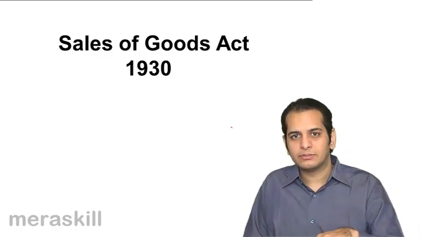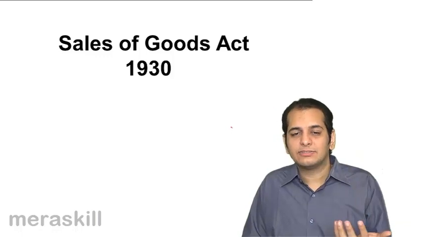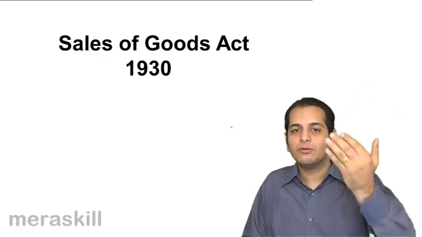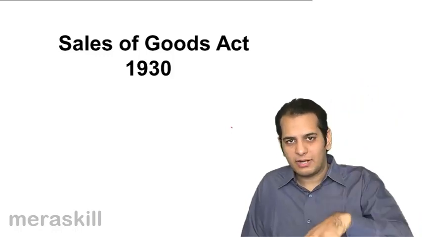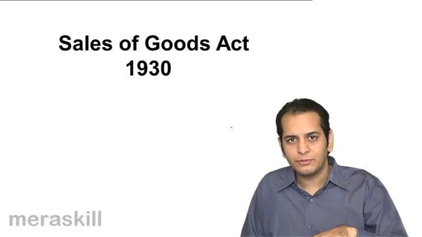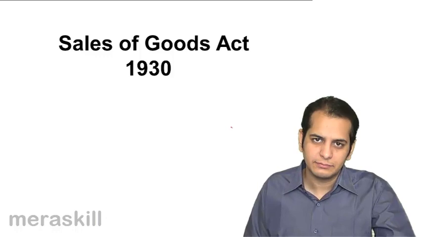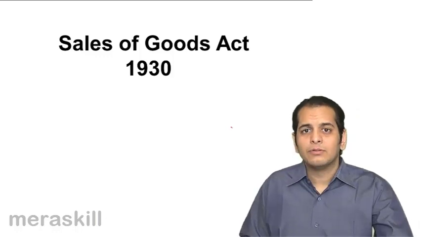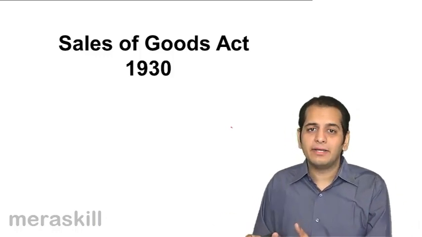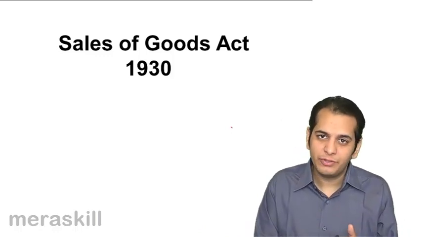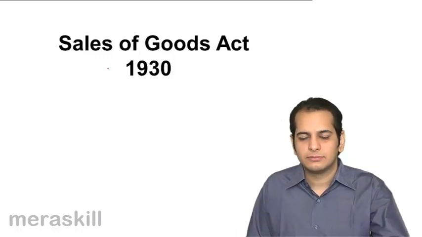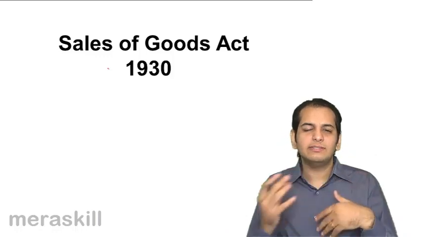What happens if a sale transaction happens relating to a future date? That is, the contract is entered into today, however, it will be completed at a future date. At the same time, what happens if the buyer does not take the delivery of goods from the seller? What happens in all these circumstances?